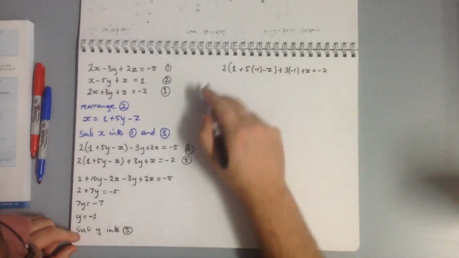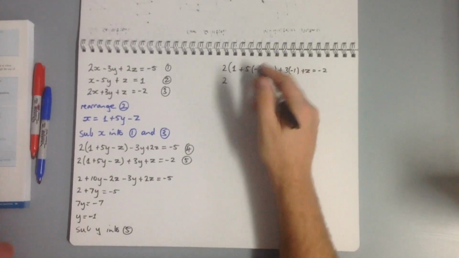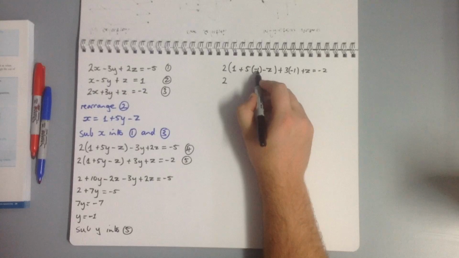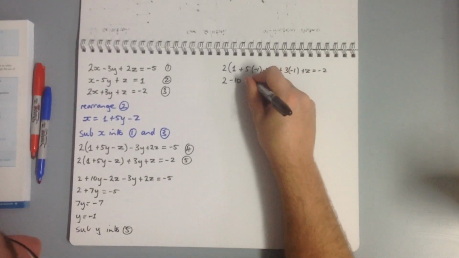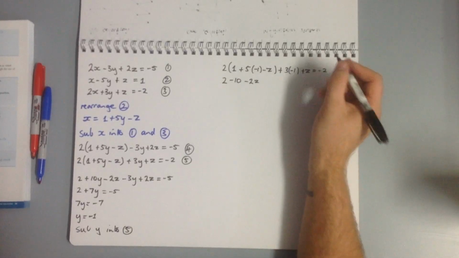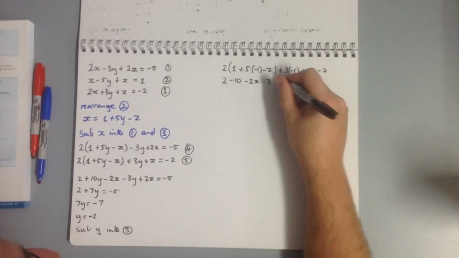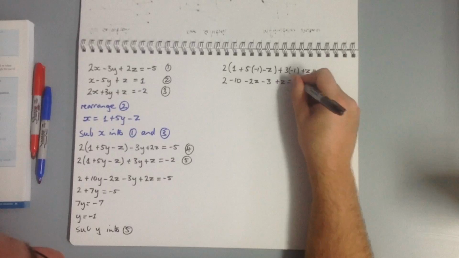We'll expand out these brackets, so we've got 2 minus 5 times minus 1 is minus 5 times 2 gives us negative 10, minus 2z, minus 3 plus z equals minus 2.